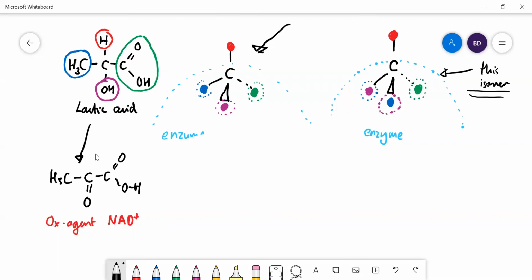So that is why, generally speaking, in biological systems, if you've got a molecule which has an asymmetric carbon in it, you will only get one of them. You will not get the other one.